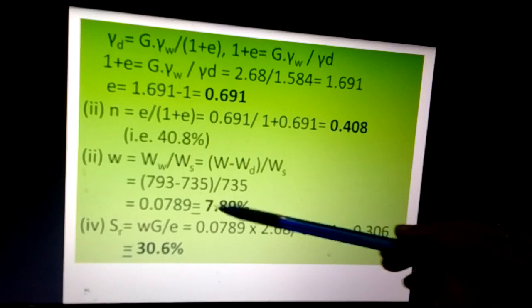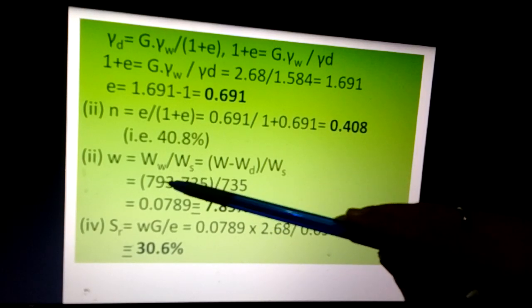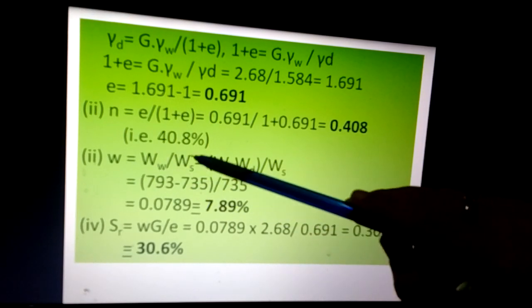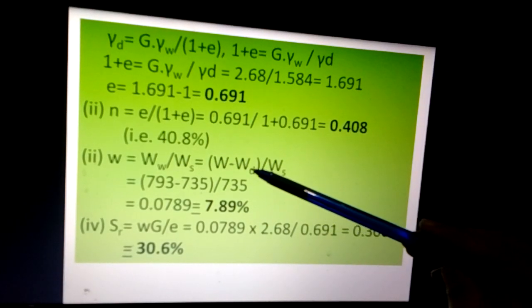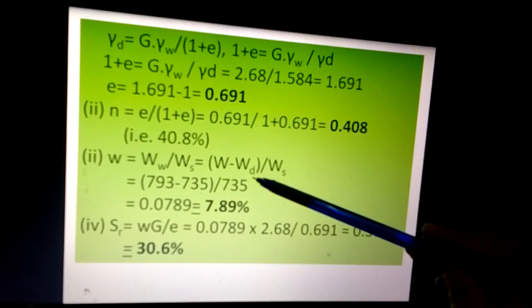Now, water content is the weight of water divided by weight of solids. So weight of water is total weight minus dry weight, divided by weight of solids, which is equal to WD, the dry weight.